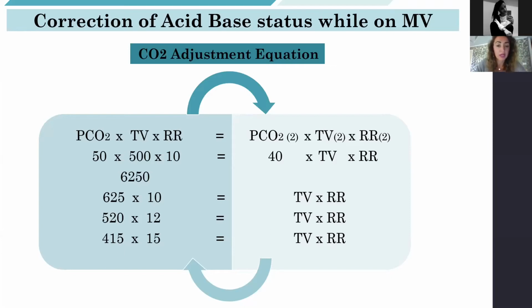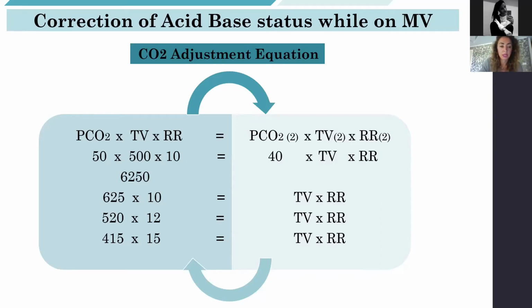Then we can set the ventilator on the mode that we like to achieve our desired PCO2. For instance, if the patient has a PCO2 of 50 and tidal volume of 500 with a respiratory rate of 10, what is the partial pressure of carbon dioxide that we want to achieve? Normally we set it at 35 to 45, so we will put 40 here.